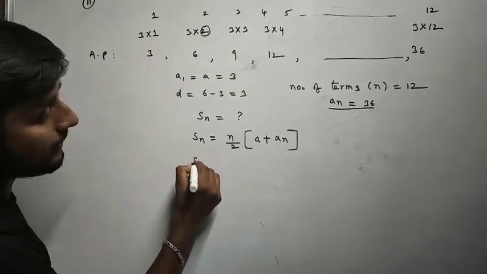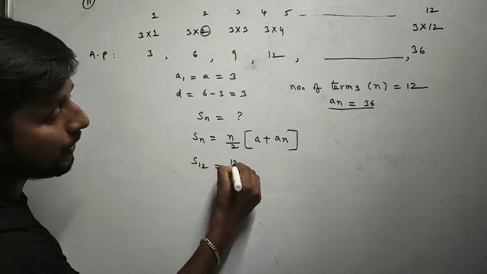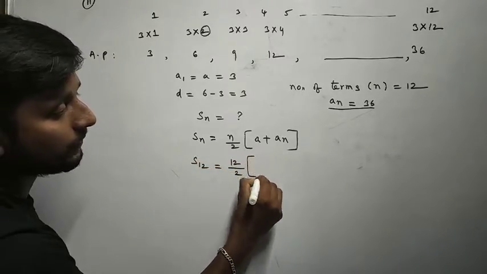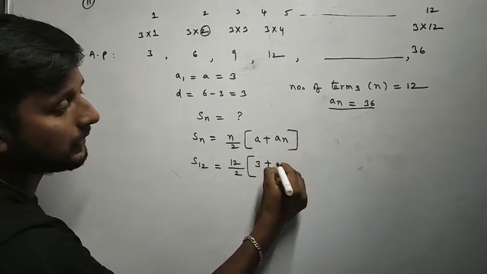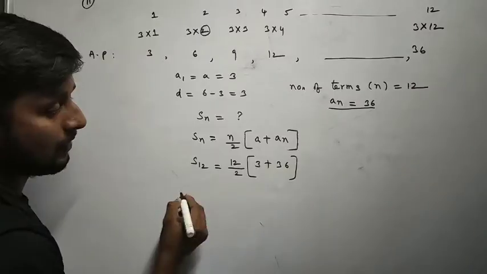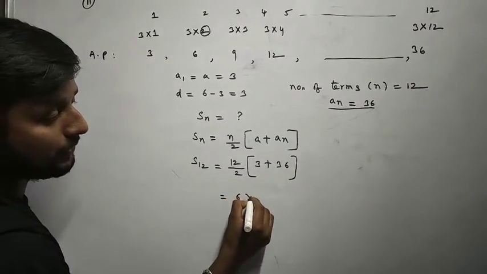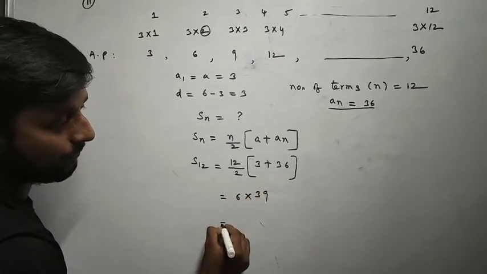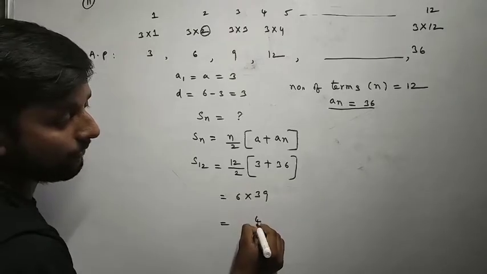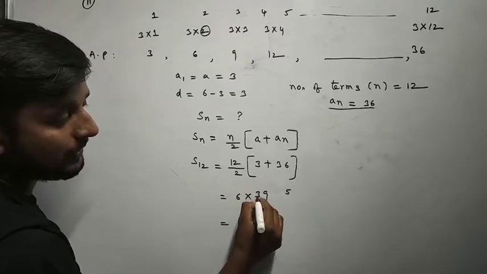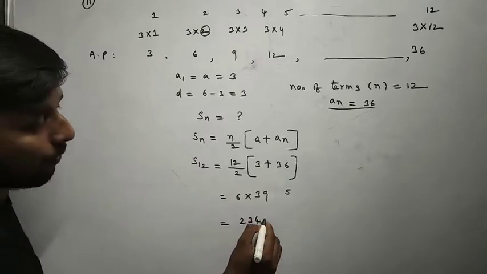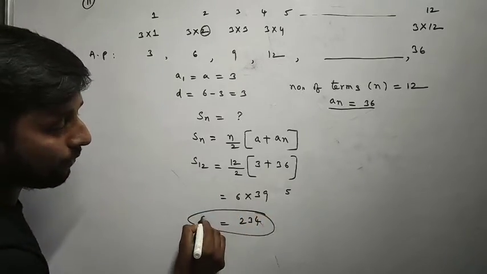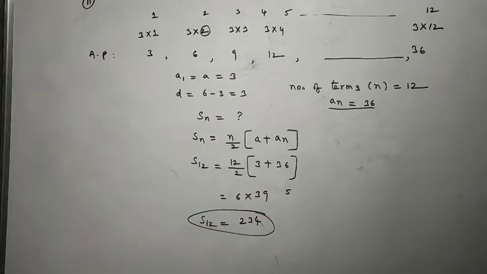Now I'll write S12 is 12 by 2, first term 3 plus last term 36. Next 6 into 39. So 6 9s are 54, 5 carry, 6 3s are 18, 2. So what is this? All 234. That is the sum of the first 12 terms.